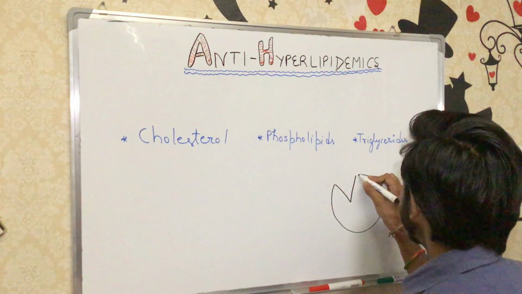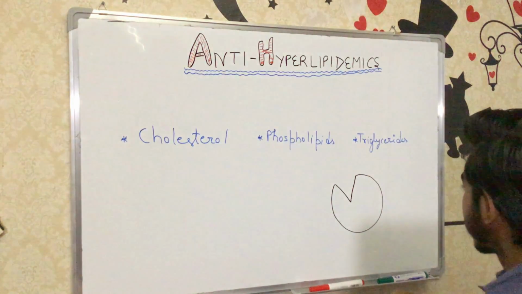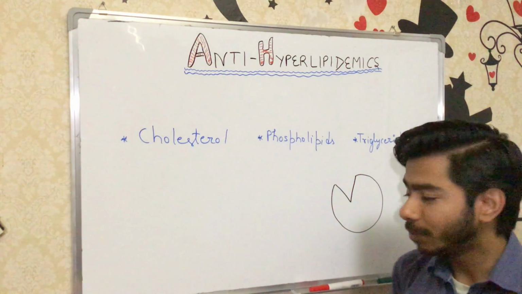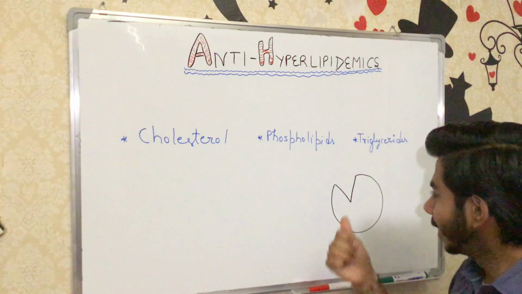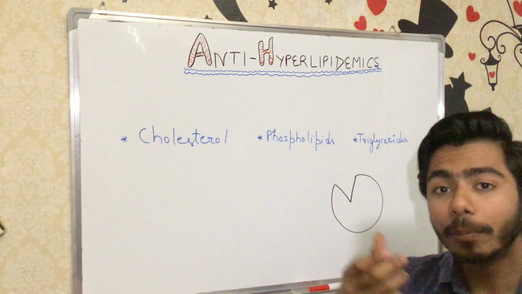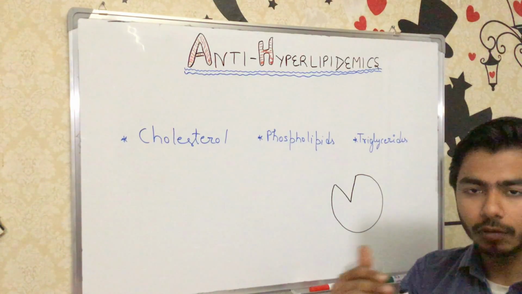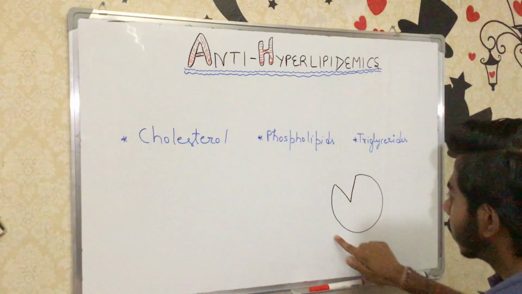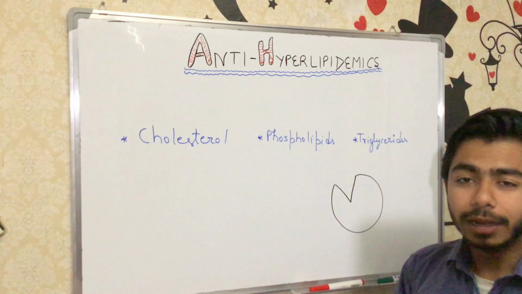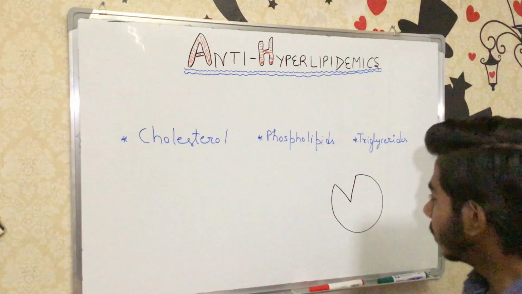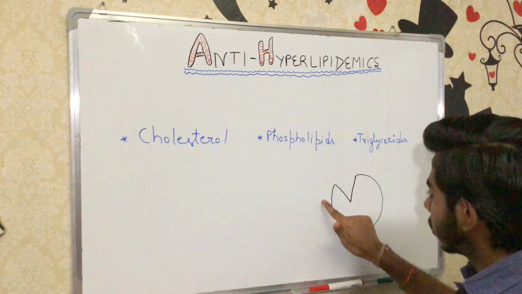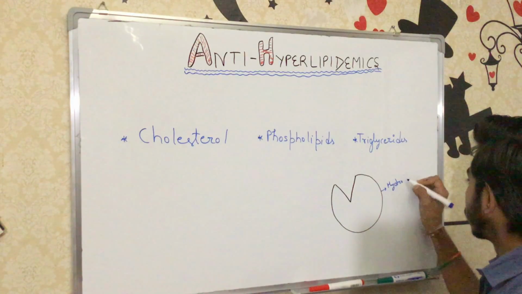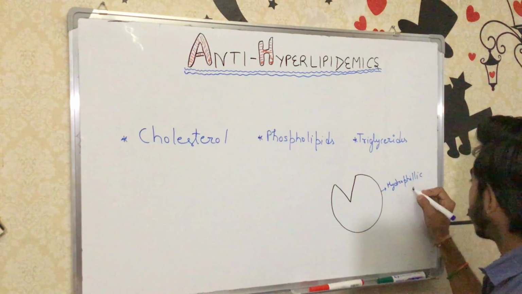This is the structure of the lipoprotein, hypothetically of course. The outer structure is made up of a hydrophilic shell, and the inner structure is made up of a hydrophobic core. Hydrophilic means water loving, hydrophobic means water hating.